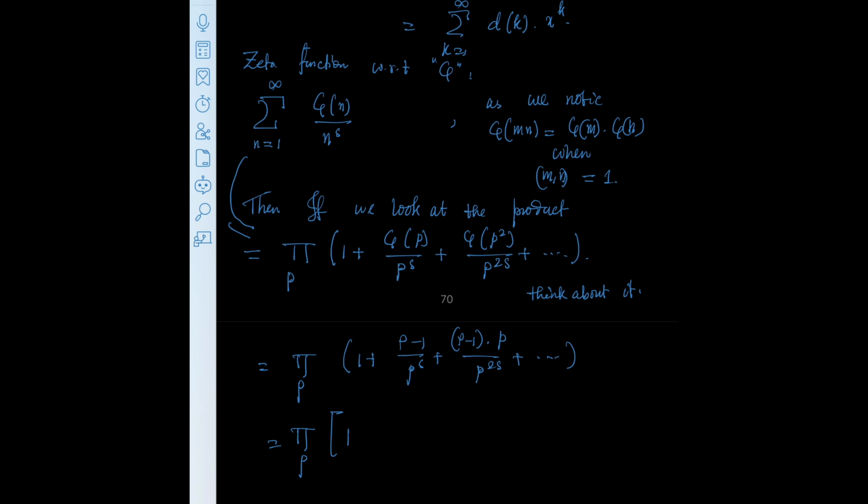And phi p cubed is p minus 1 times p squared. So the product over p of 1 plus p minus 1 times 1 by p to the power s plus p by p to the power 2s plus p squared by p to the power 3s and so on.